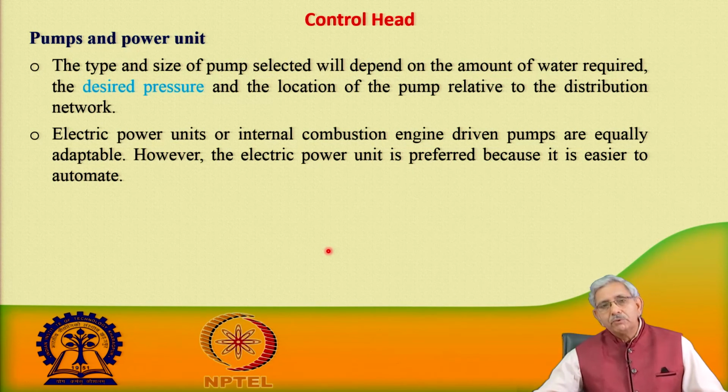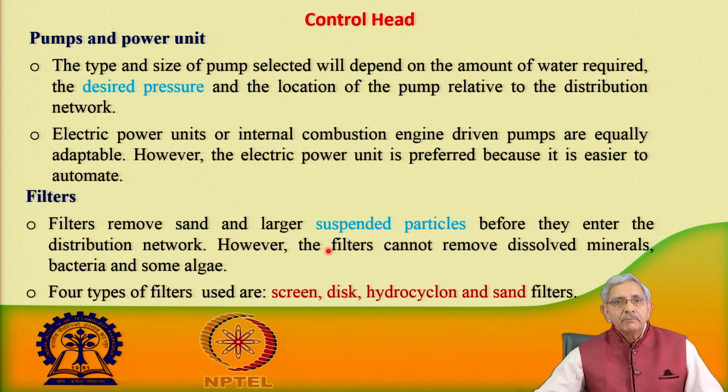The prime mover is selected based on the availability at the site. Filter, as I told you, there are different types: disc filter, screen filter, hydrocyclone filter, and sand filters. They are meant to remove the suspended particles before the water enters the pipeline.